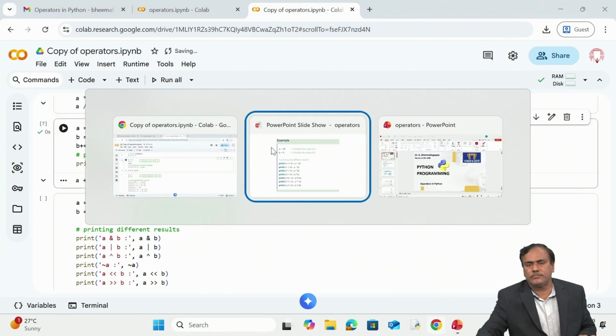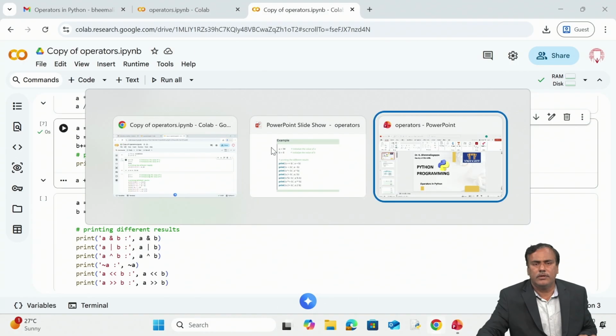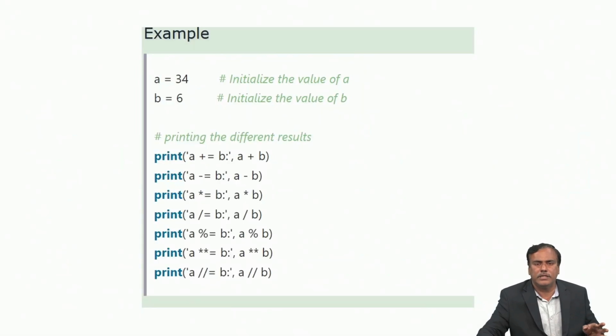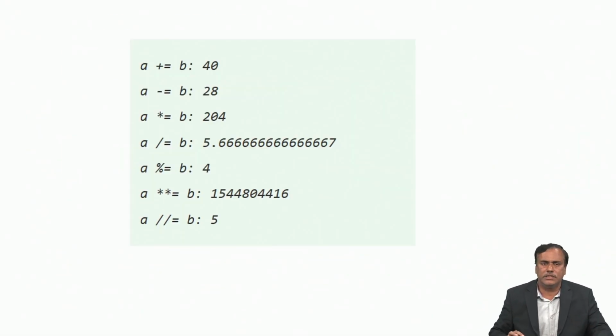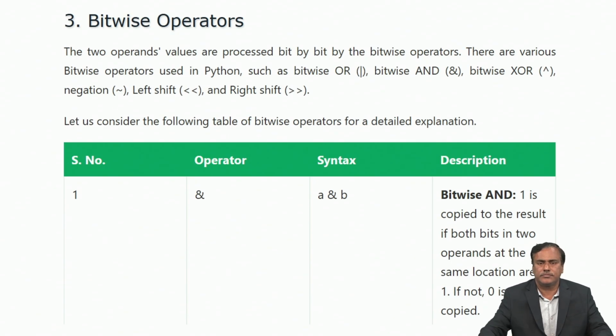And then, PowerPoint slide. Yeah, this is what I have discussed. And then we have bitwise operators like AND, OR and XOR. What is this bitwise AND? This is the symbol that we use for bitwise AND, a single ampersand symbol.